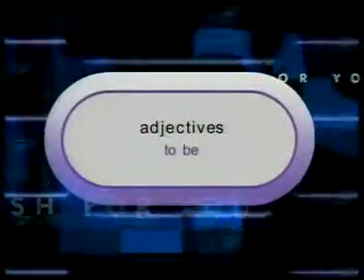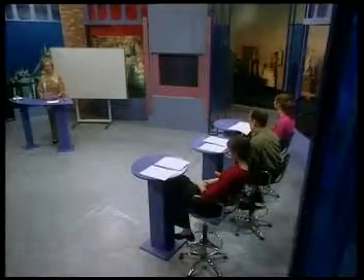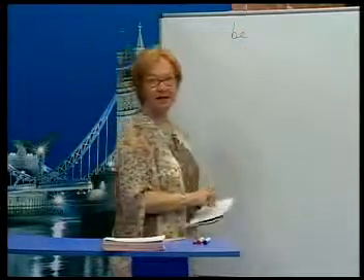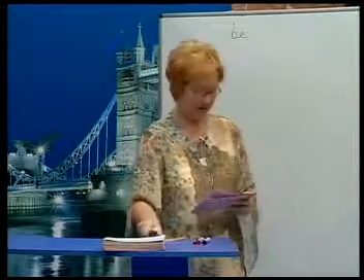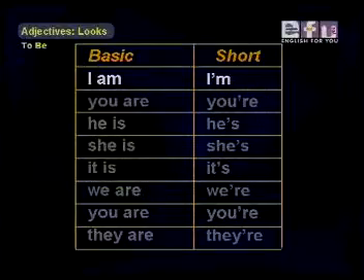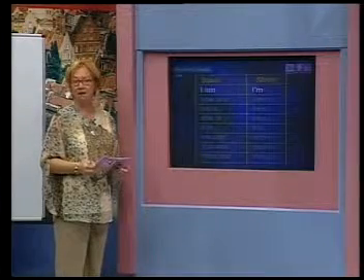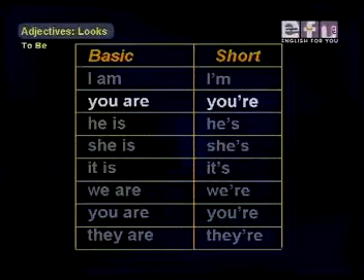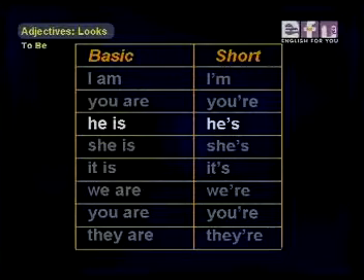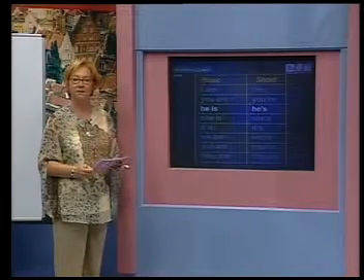Adjectives. To be. Now, let's review the be verbs. Be. All right? Now, let's look at the monitor. Here we go. I am, I'm. I am Molly. I'm Molly. You are, you're. You are Ali. You're Ali. He is, he's. He is Tom. He's Tom.